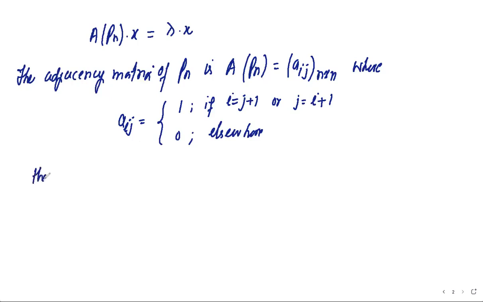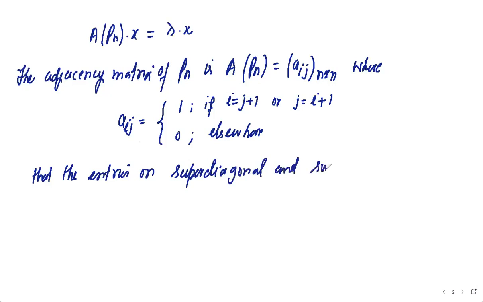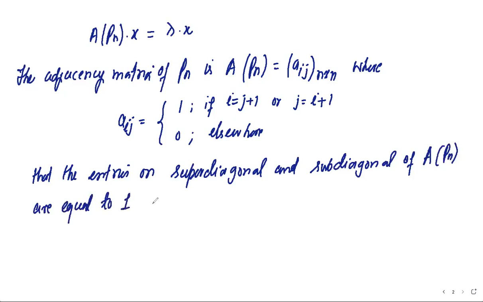So that is, the entries on the super diagonal and sub-diagonal of A of Pn are equal to 1, and all other entries are 0 in the adjacency matrix of Pn.